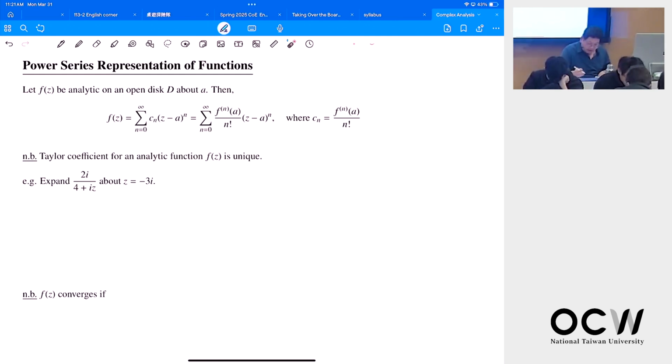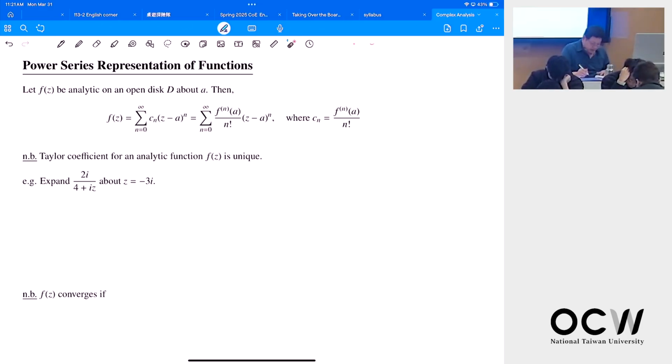Okay, and what is the coefficient Cn? Cn is the nth derivative of your complex function, evaluated at a, divided by n factorial. For this coefficient, we call it the Taylor coefficient. And the Taylor coefficient for an analytic function is unique. So once you find this coefficient, you cannot find another one that's different. It should always be the same because it is unique.